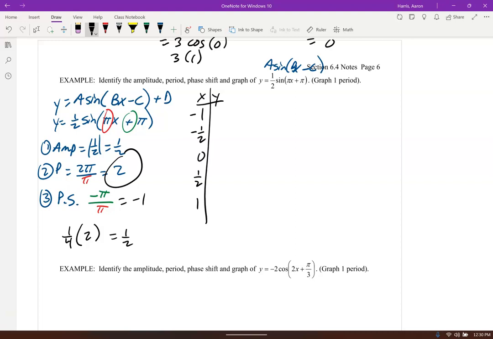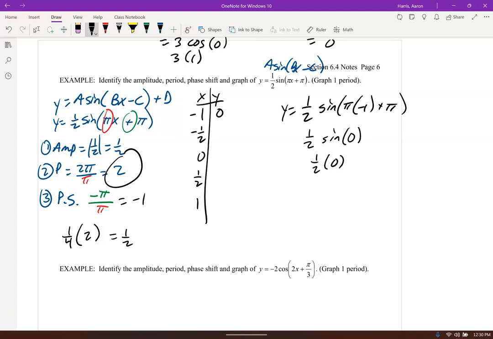I want to plug those in one by one. Let's plug in the -1. And we got negative pi plus pi is 0. I know the sine of 0 is 0, so I got a half times 0 is 0.